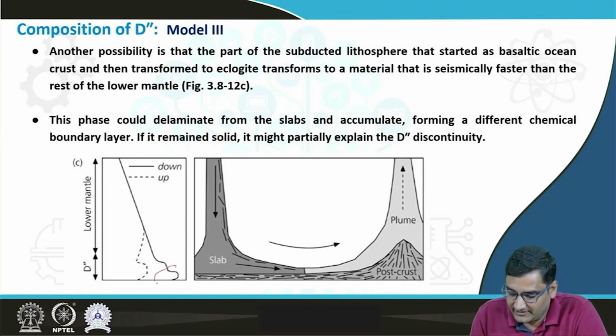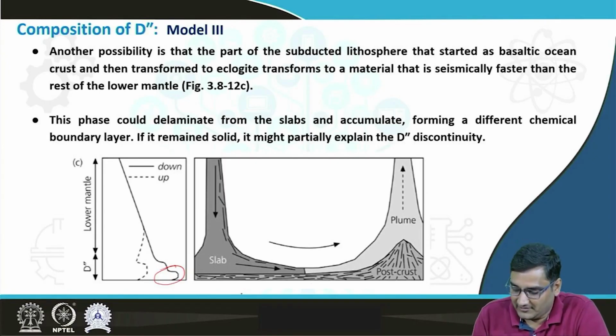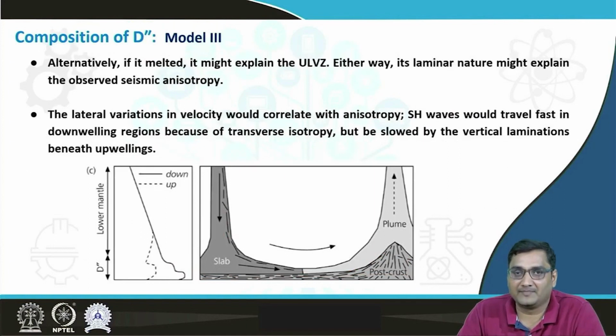So this phase delaminates from the slab and accumulates, forming a different chemical boundary layer. If it remains solid, it might partially explain the D double prime layer. So basically the subducting slab is going down, it gets delaminated and accumulates at the core mantle boundary in the form of the old crust, and that can partially explain the D double prime discontinuity.